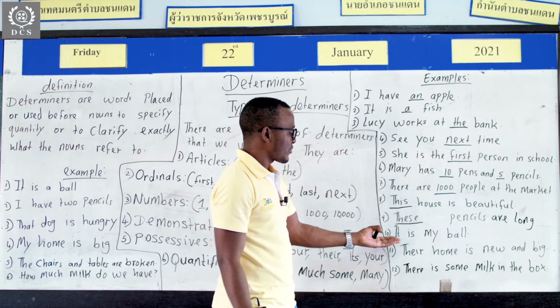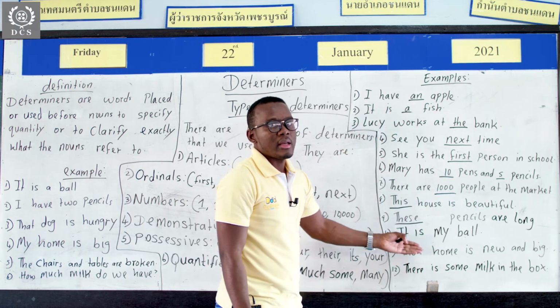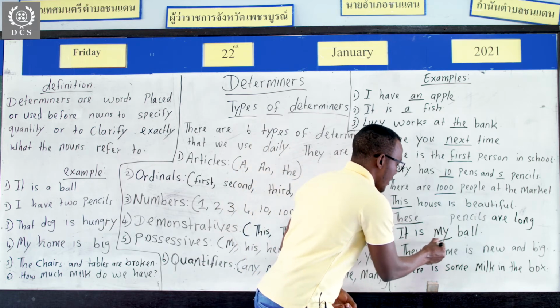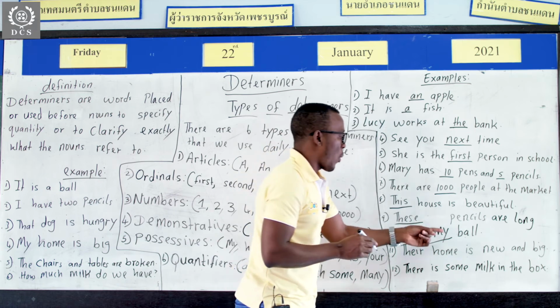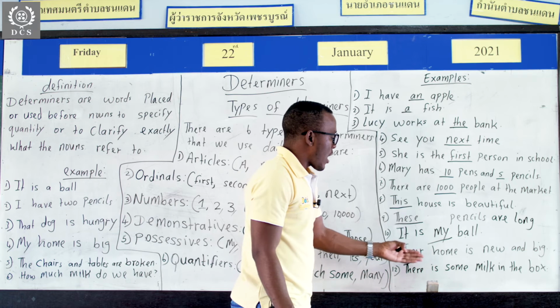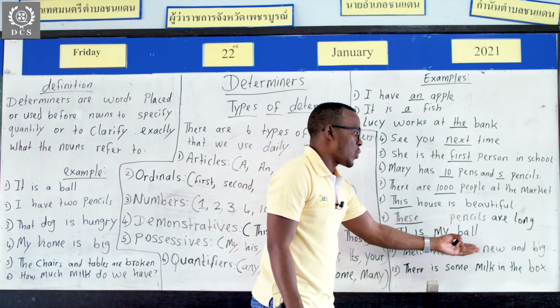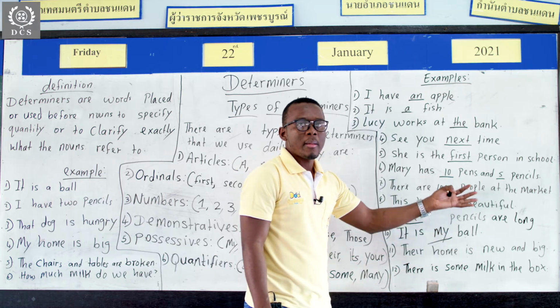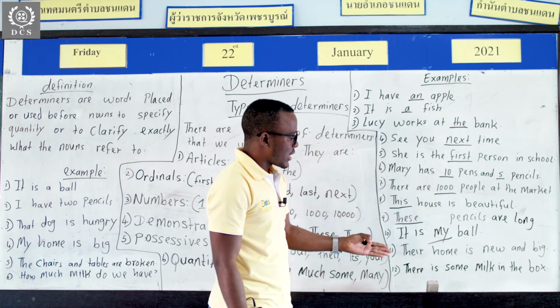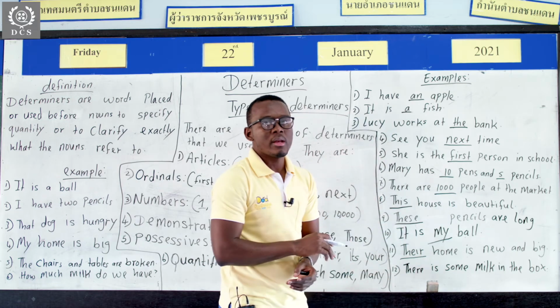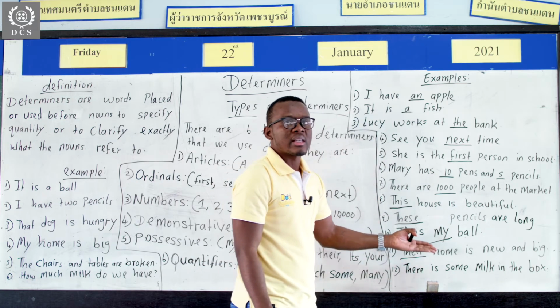Next one. It is my ball. So we can see here that my is a determinant while ball is a noun. Their home is new and big. So in this sentence, we can see that their is a determinant and home is a noun.